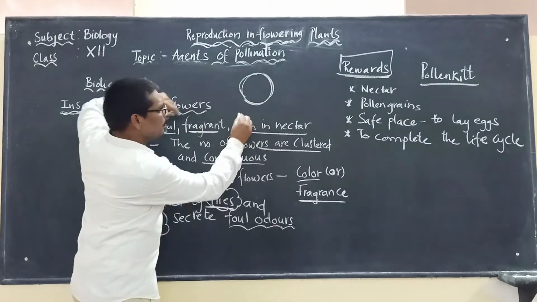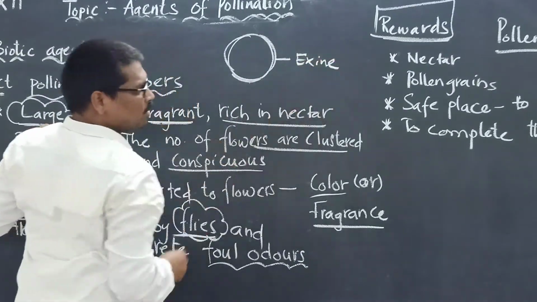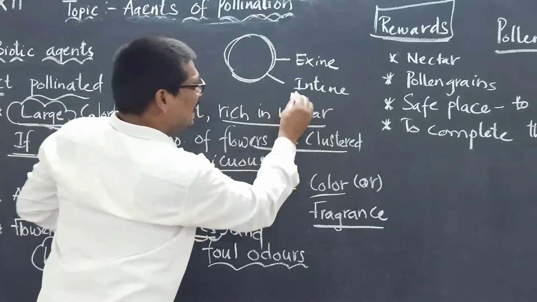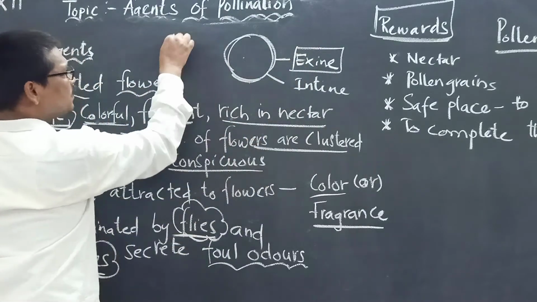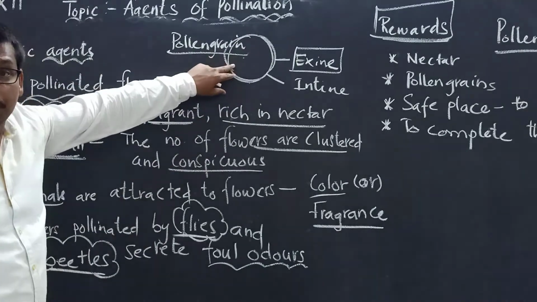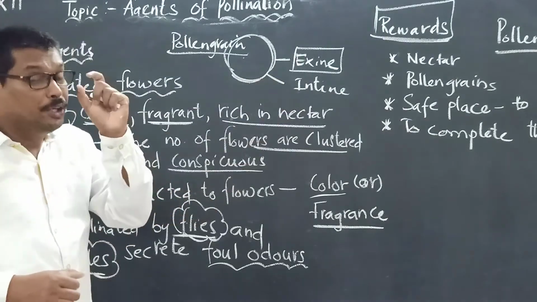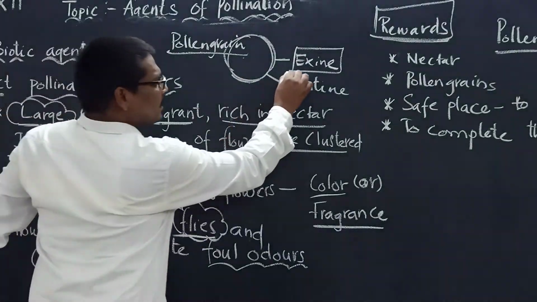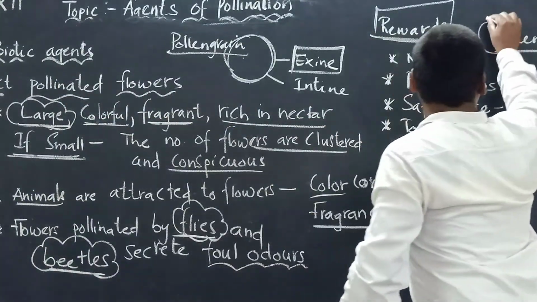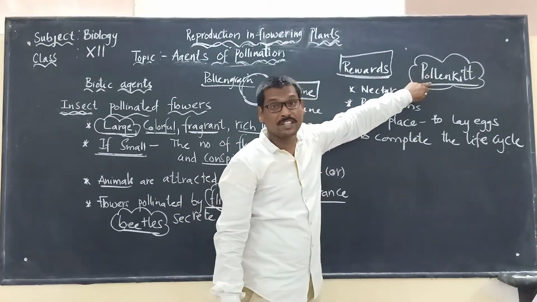The outer wall we call the exine, and the inner wall we call the intine. During the process of pollination, the outer wall, the exine, is coated with a chemical substance which we call the pollen kit. It is covered with pollen kit.